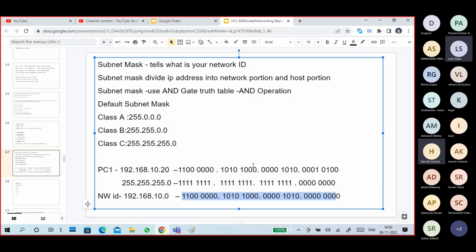So we got this by calculating, and this is the network ID for this IP address.